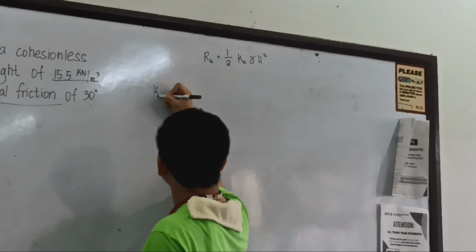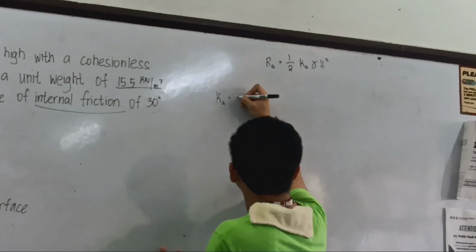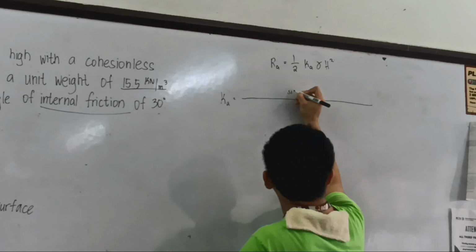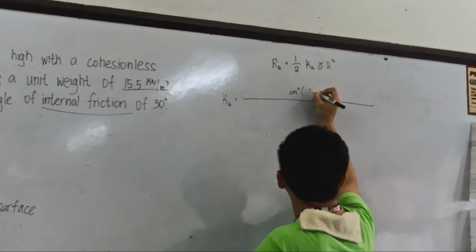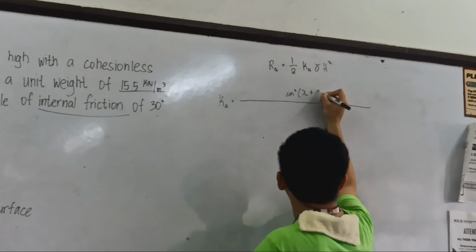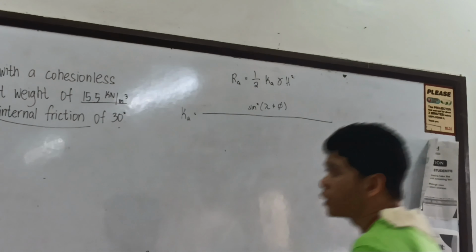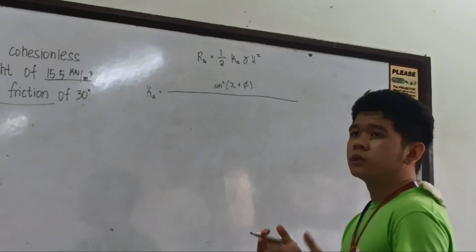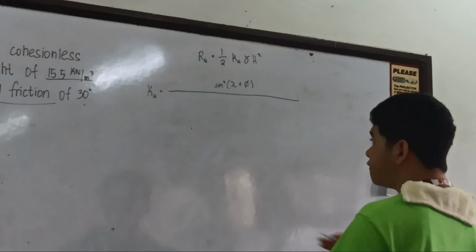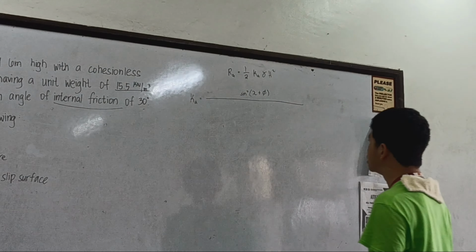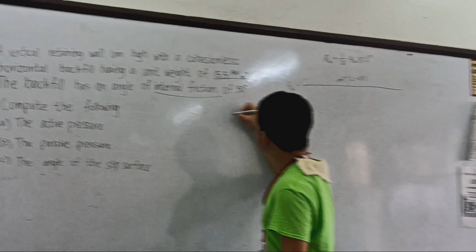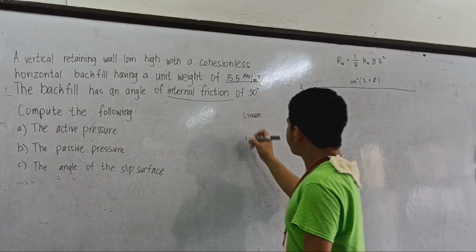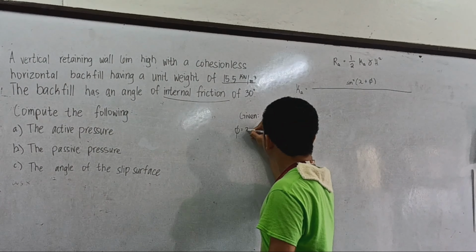So the coefficient of active pressure is equal to sine squared of (lambda plus phi). Oh, I forgot, what is phi in our illustration? So phi is the internal friction, which is given. Internal friction is 30 degrees.